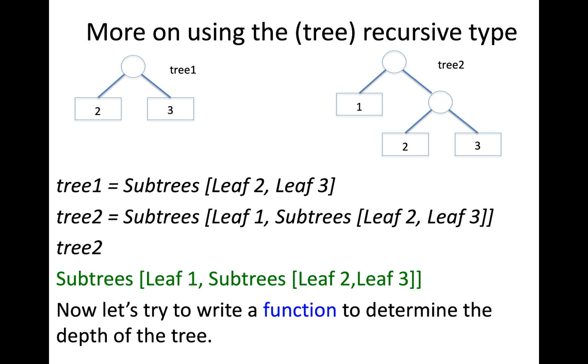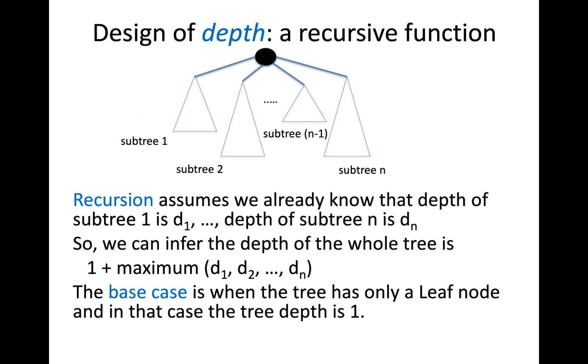Okay, now let's try to write some utility functions on this sort of new recursive data type which we have just defined. The first utility function we will discuss is how to compute the depth of a tree. So in this example, this tree has a bunch of subtrees, subtree 1, 2, up to n.